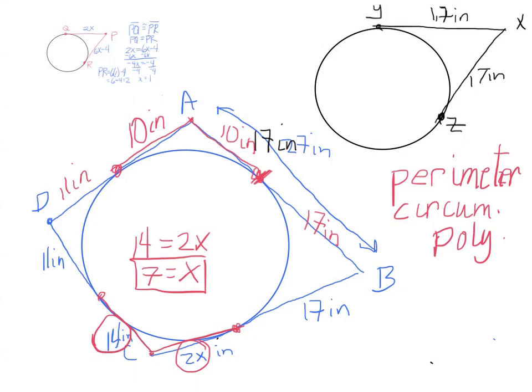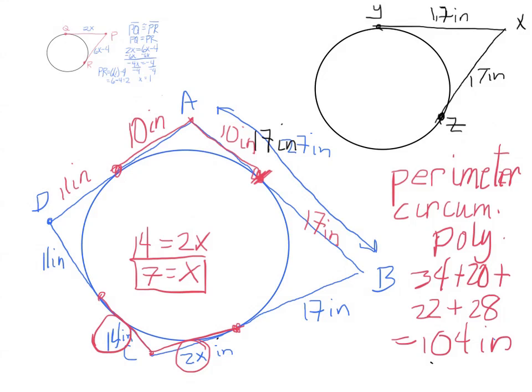Well, you would proceed then to add things up. I'd have 34 plus 20 plus 22 plus 28, and when I added those up, I'd get 104 inches would be the perimeter. And so that's a typical problem.